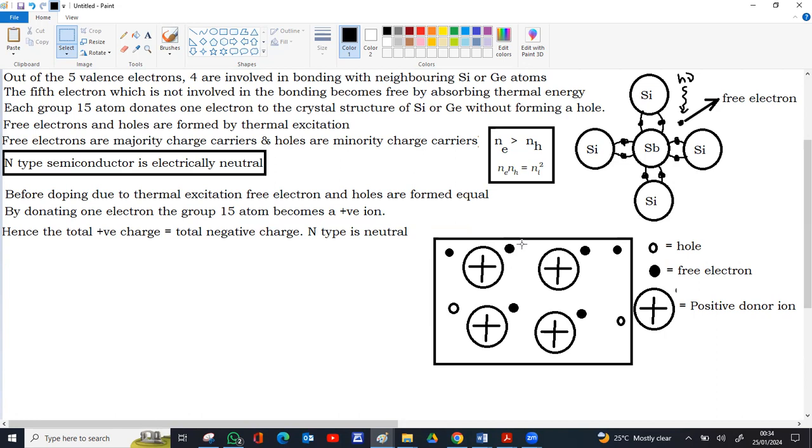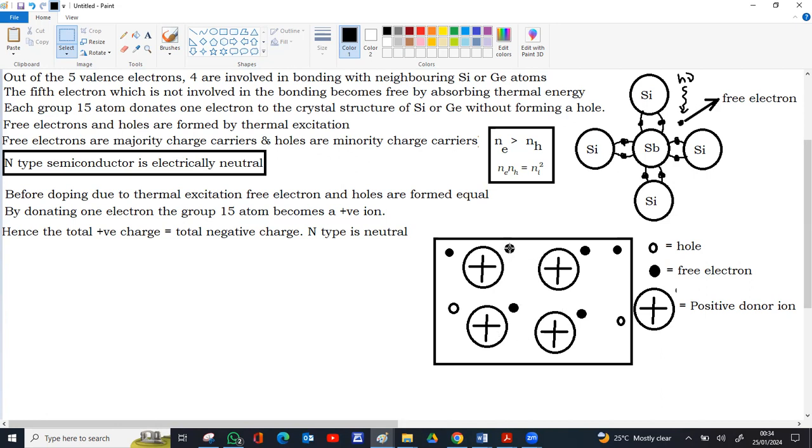Even though it doesn't create a hole, as it leaves the atom, that atom becomes a positive ion. In the same way, these four are the group 15 atoms. All group 15 atoms donate one free electron, with the group 15 atom itself becoming a positive ion.